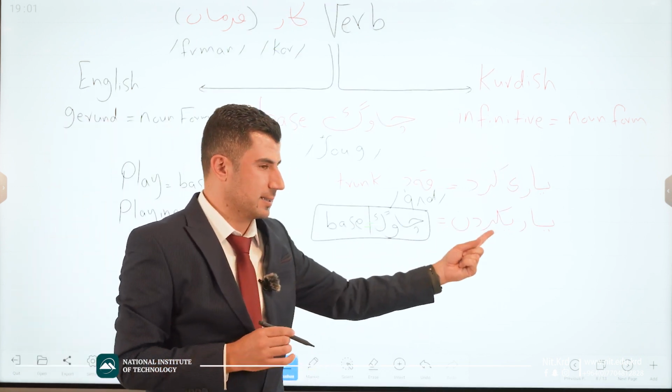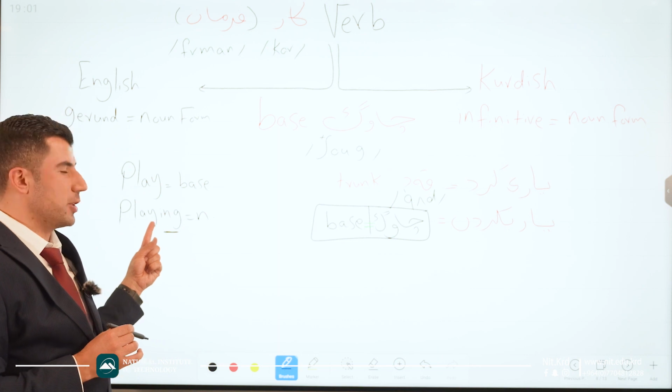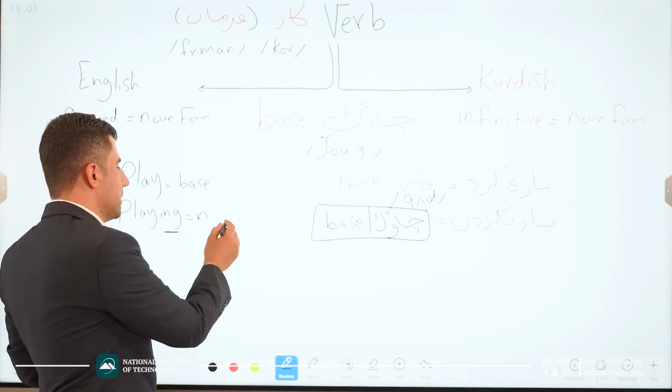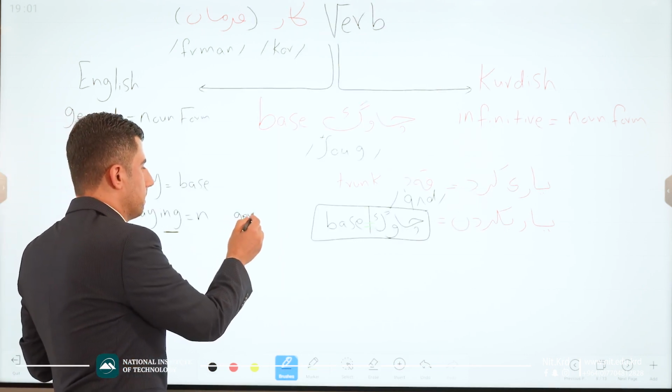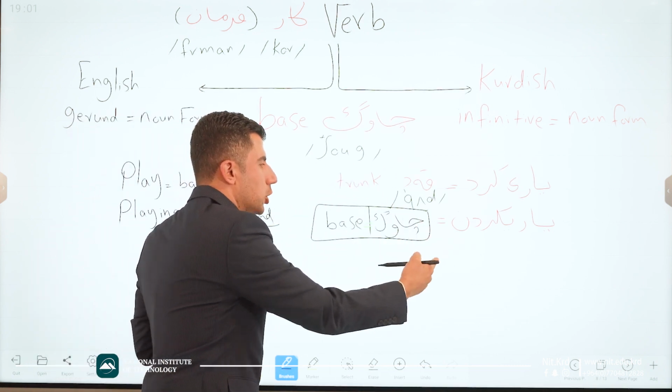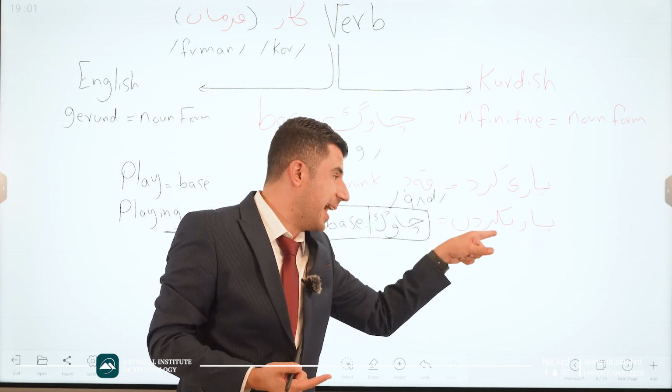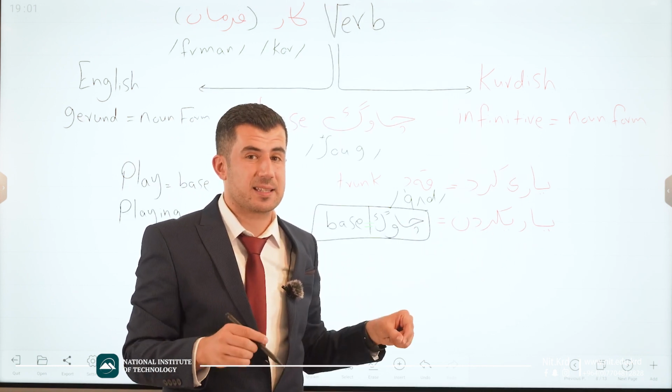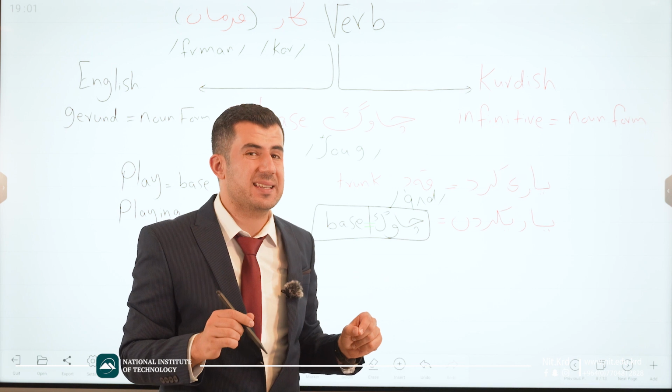Playing, yari kirdin. While in English, this one is gerund form. If we translate to Kurdish, we say yari kirdin. But yari kirdin in Kurdish is chawag, is base in Kurdish.